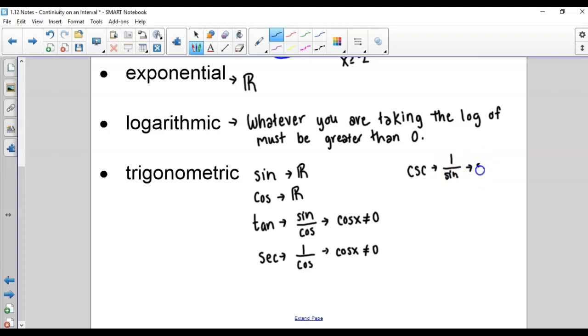So, sine of x cannot equal 0. And cotangent is cosine over sine. So, sine of x cannot equal 0.